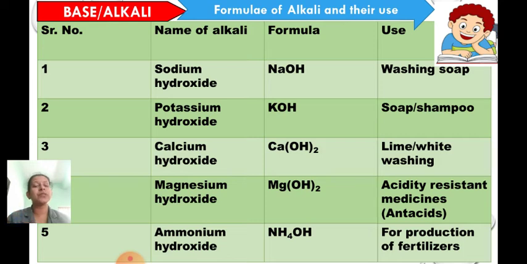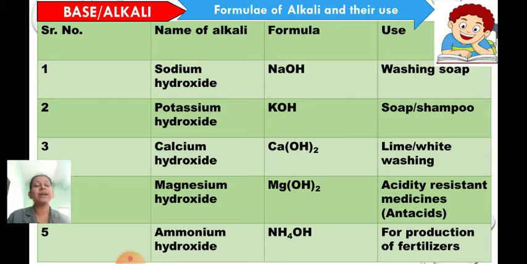Sodium hydroxide is used in washing soap, whereas potassium hydroxide is used in the bathing soap which you use for having a bath. Potassium hydroxide is used to prepare soap as well as shampoo, because it is mild as compared to sodium hydroxide.